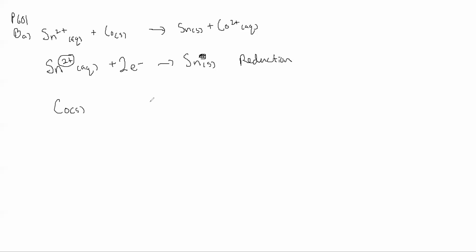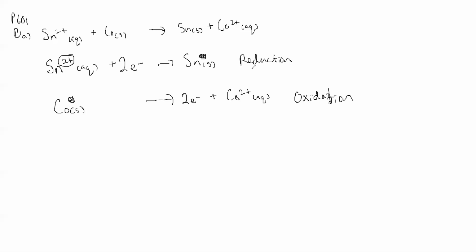Cobalt, on the other hand, became cobalt 2+. Well, if it became 2+, that means it must have lost 2 electrons somewhere. The oxidation number went from 0 to 2. It increased, and so we call this an oxidation.